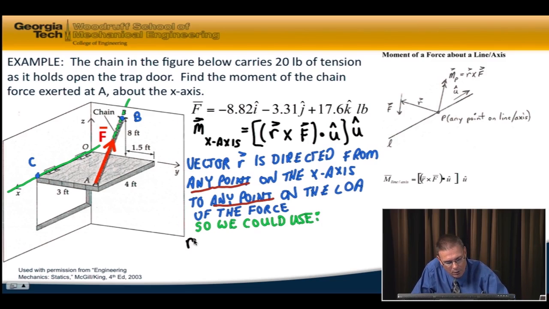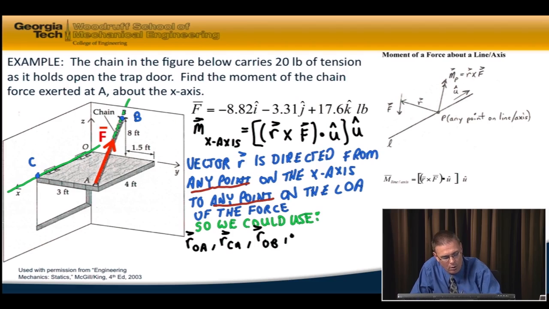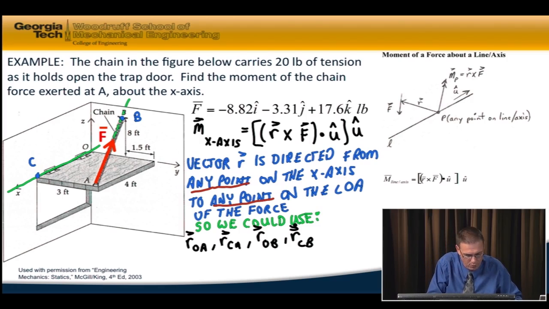So we could have R from O to A, R from C to A, R from O to B, or R from C to B. And any one of those would work. In fact, I'm going to choose R from O to A, and I would encourage you to redo the problem on your own using these other position vectors and see that it comes out to be the same result.